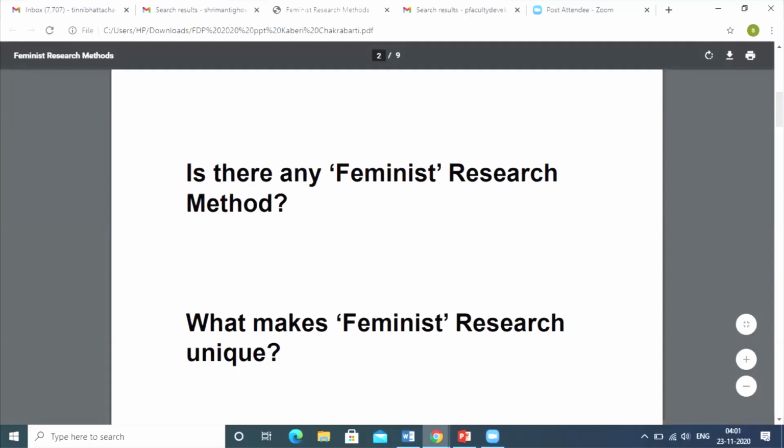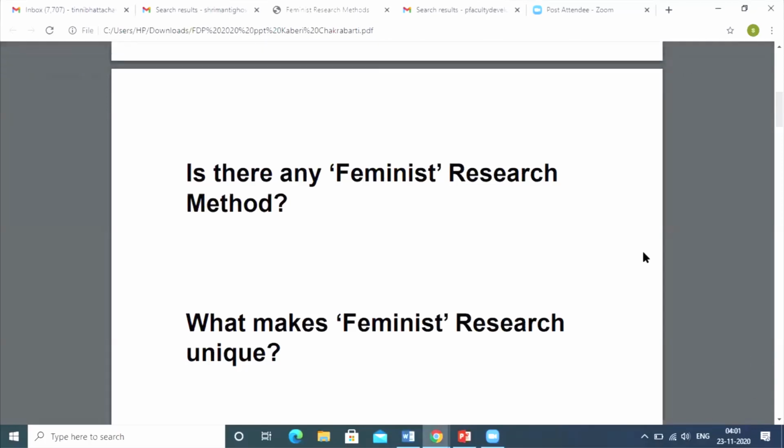Now, for me, I would like to start with this very important question: is there any feminist research method at all? And to emphasize this prefix, feminist. And if there are feminist research methods, I would like to ask a second important question in understanding feminist research: what actually makes feminist research unique?